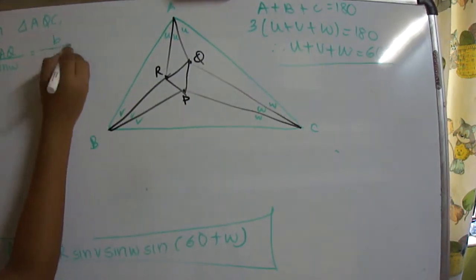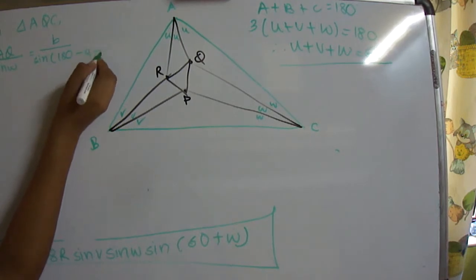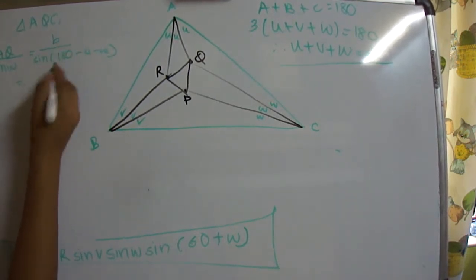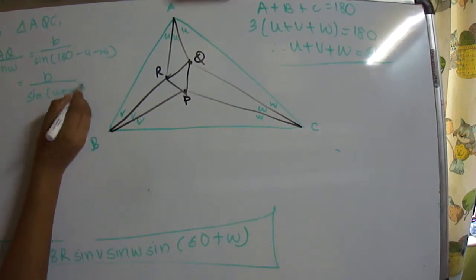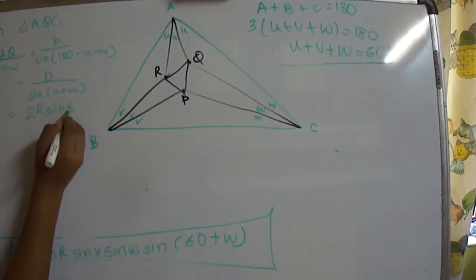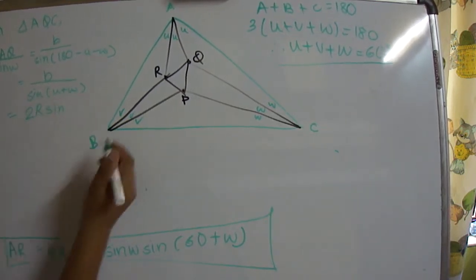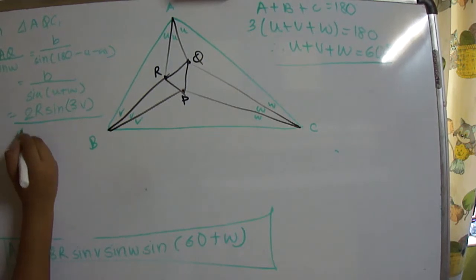B. B by sine of 180 minus U minus W. This can be written as B by sine U plus W. B is equal to 2R sine B. B is equal to 3V, so sine 3V by sine U plus W.